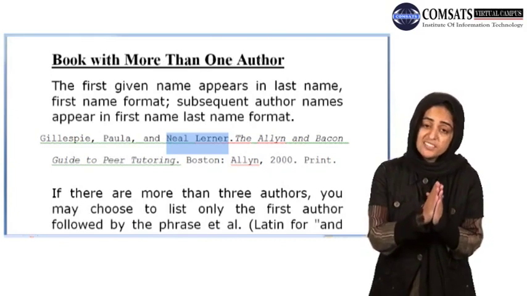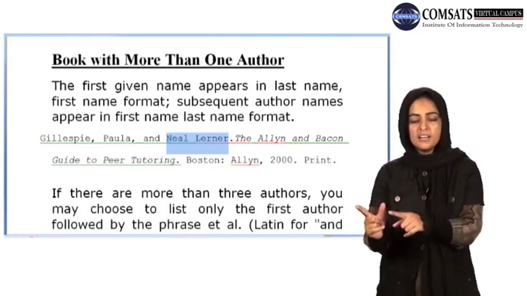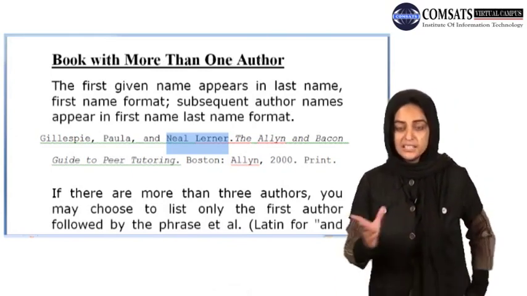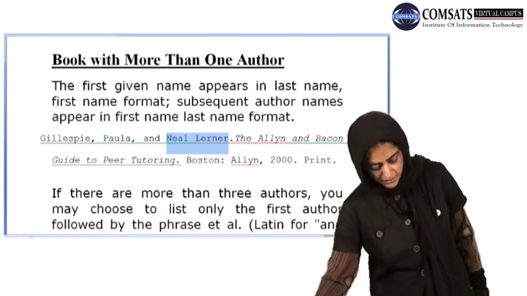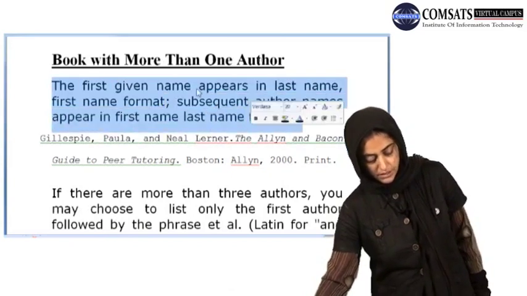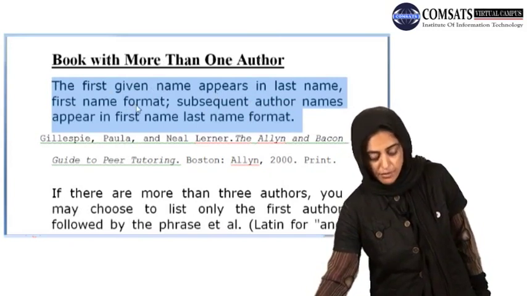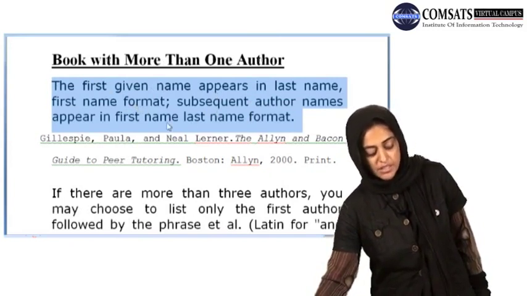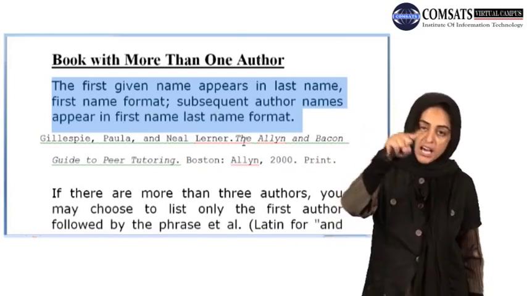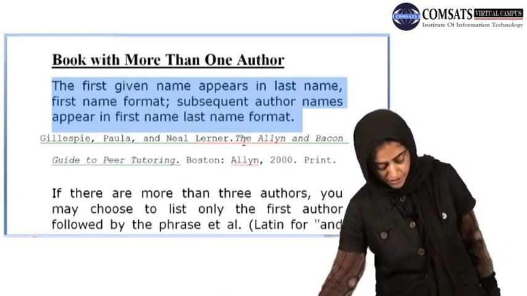You will follow the format of first name first and the middle and last names afterwards. I repeat again, let me read it out for you. The first given name appears in the last name, first name format. Subsequent author names appear in first name, last name format. Have a look on the screen, dear students.